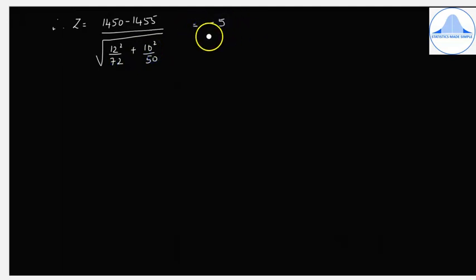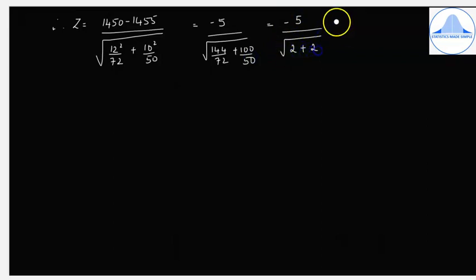So now I'll substitute all the values in the test statistic. So therefore I get Z is equal to 1450 minus 1455 divided by root of 12 square divided by 72 plus 10 square divided by 50, which is equal to minus 5 divided by, if you simplify this, 144 divided by 72 plus 100 divided by 50, which is equal to minus 5 divided by root of 2 plus 2, or minus 5 divided by root 4, or minus 5 divided by 2.